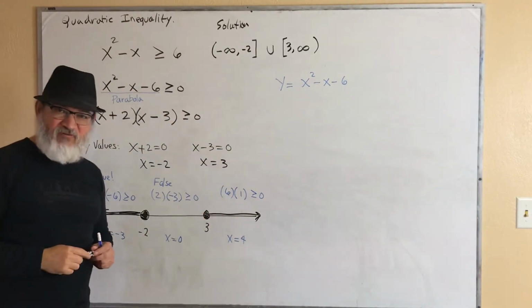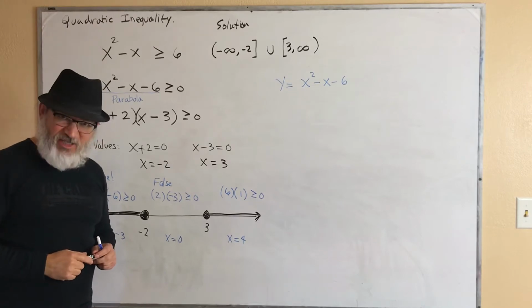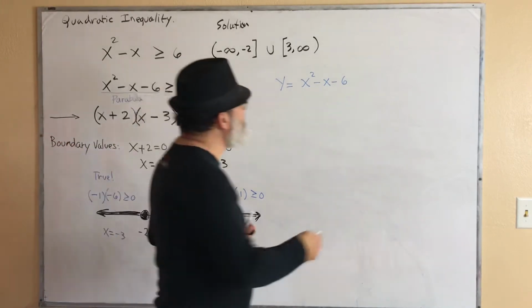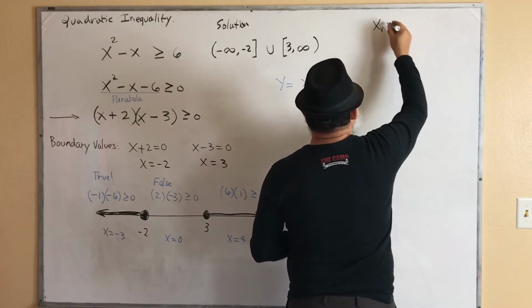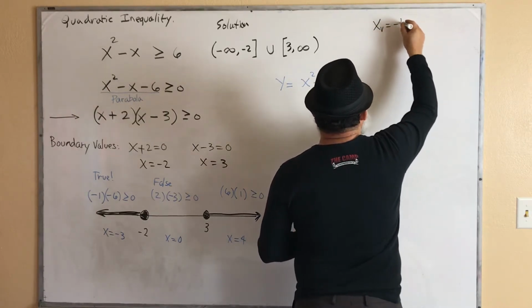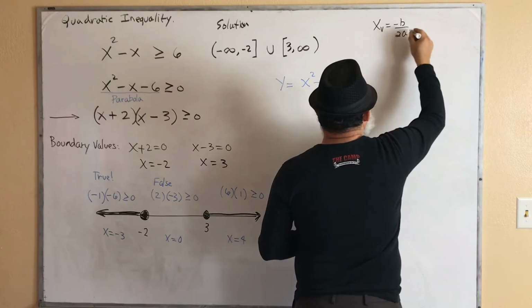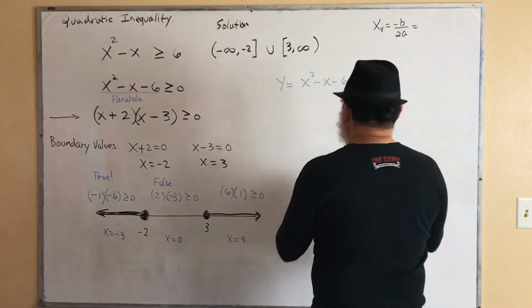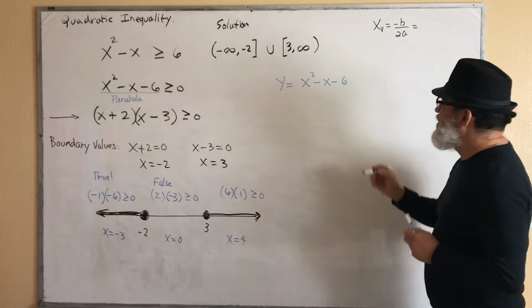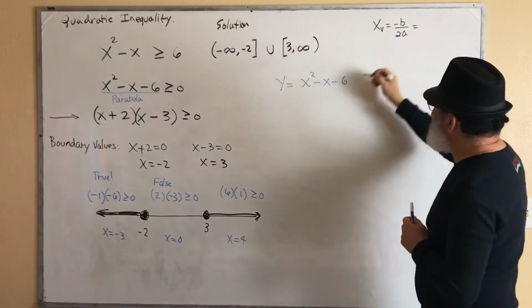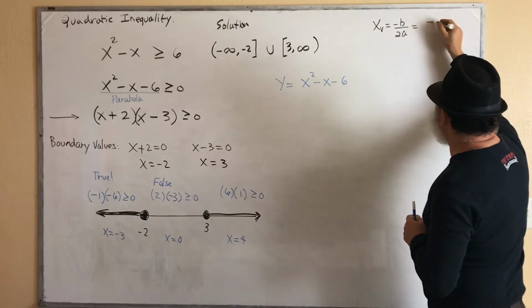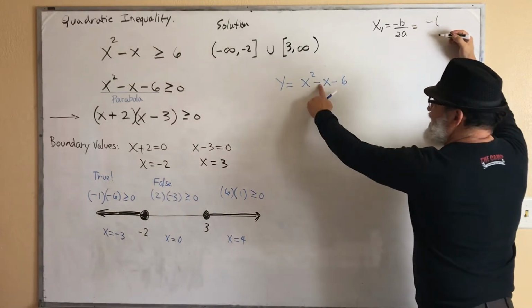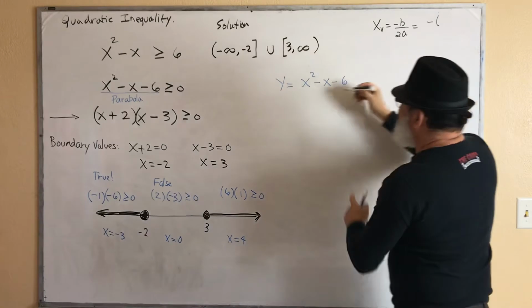You guys remember how to find the vertex in a parabola? The x-coordinate of the vertex is negative b over twice a. Remember that? Here b is negative 1. Negative b is negative 1, right there.